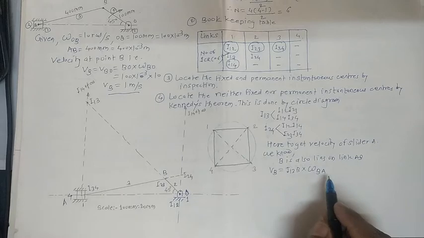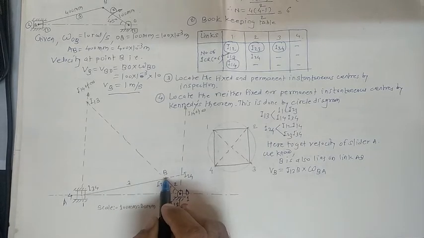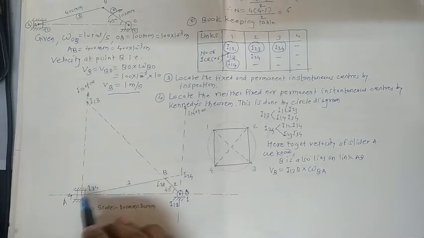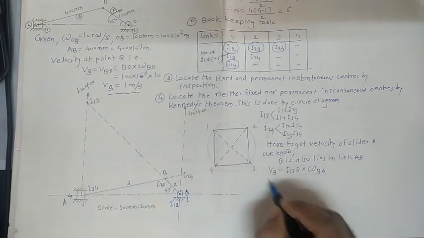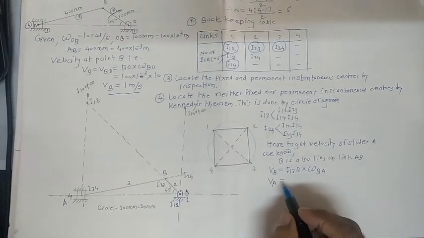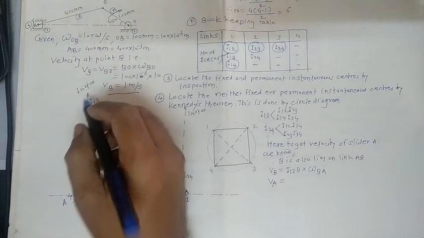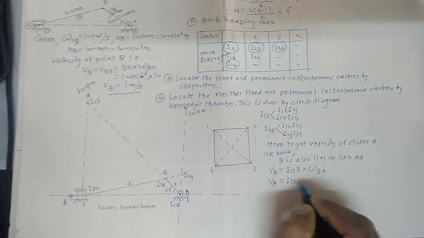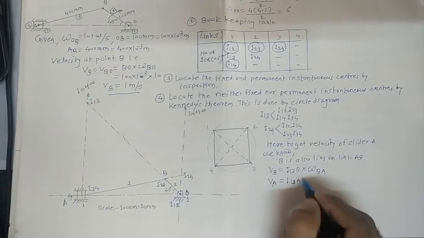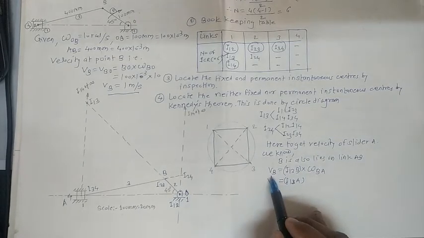Now for the end point of this link, VA is again the motion with respect to this point, I13A, multiplied by omega. This is the basic relation between linear velocity and angular velocity.